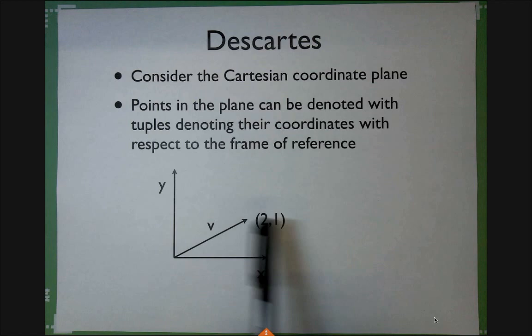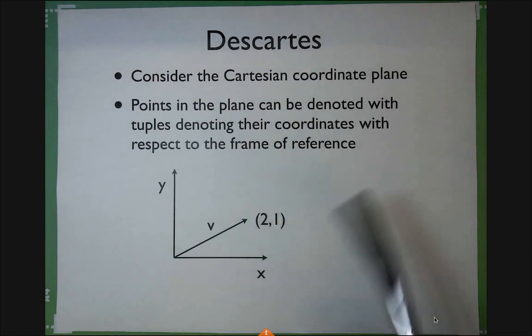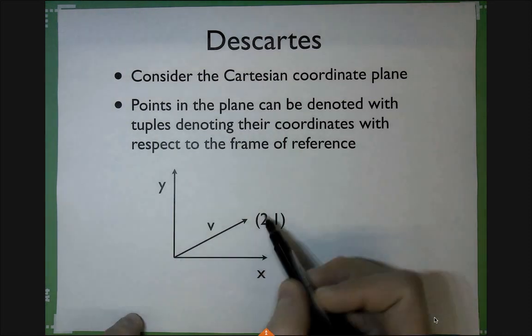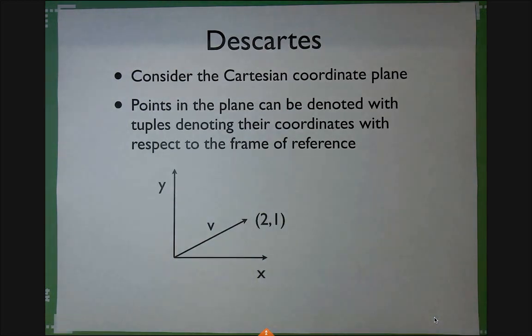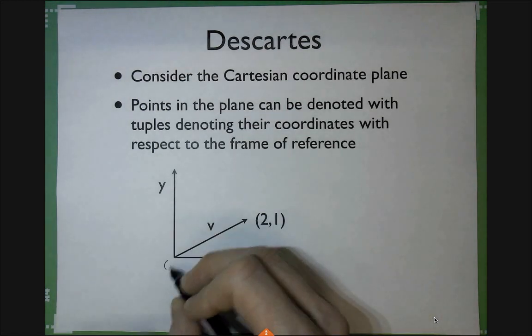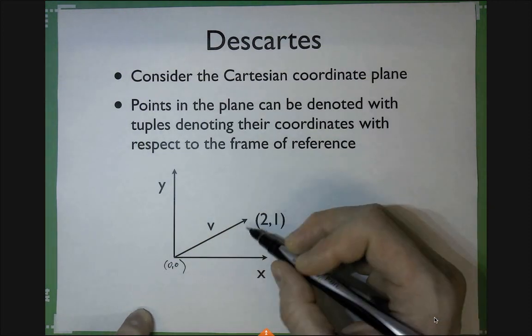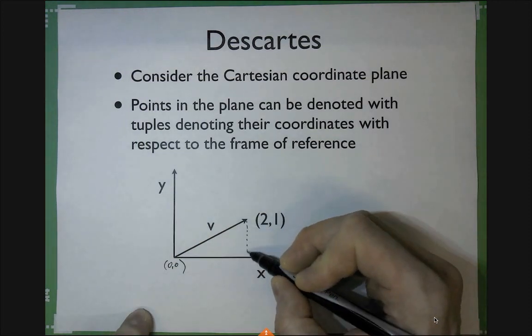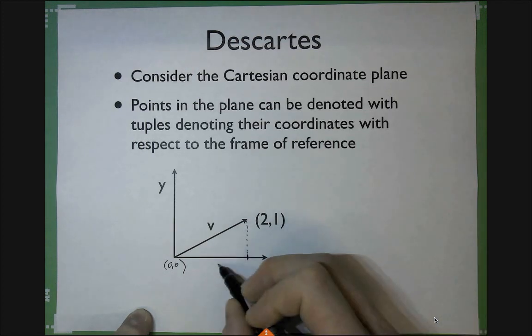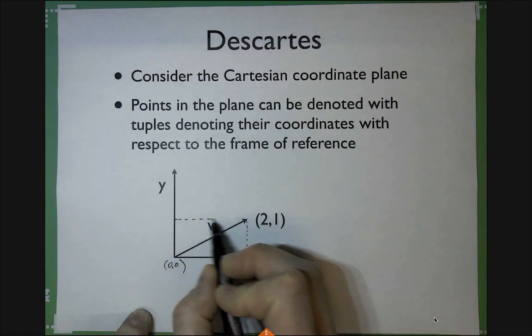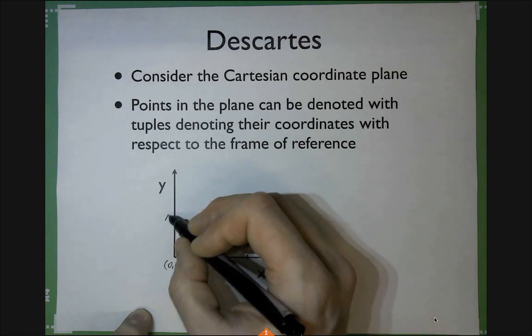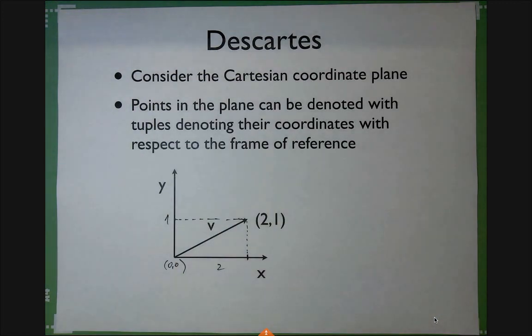So this is an illustration of the idea of geometric versus algebraic point of view. If you look at vectors, we can think about a vector as a little arrow going from the origin. And we can measure the coordinates of a vector by doing orthogonal projection on both of the axes. So this would be some 2 units. Here would be 1 unit. Right? And that's the Descartes coordinate system.